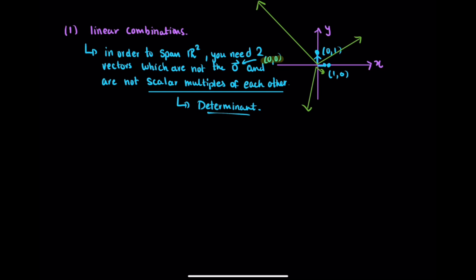So based on that, we could write something like R2 is equivalent to C1 (0, 1) plus C2 (1, 0), such that C1 and C2 are elements of the real numbers. So C1 and C2 are just constants, and they can be any constant in the real set.